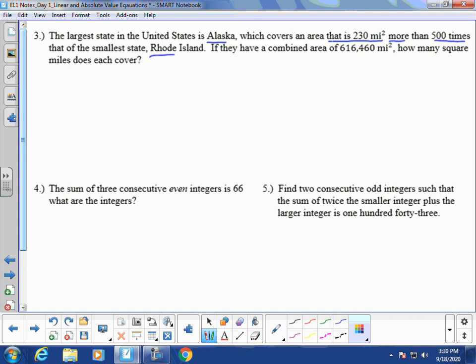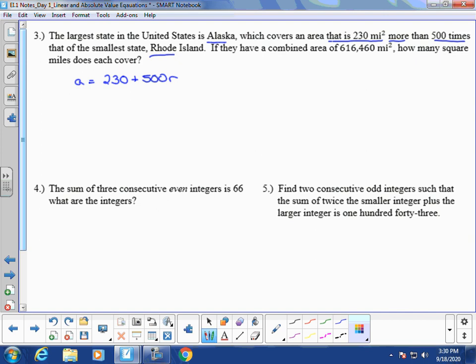So Alaska is A. It has, so equals, an area that is 230 more. So that means to add 230 to something: 500 times Rhode Island. So this is an equation for Alaska. Alaska is 230 square miles more than 500 times Rhode Island.